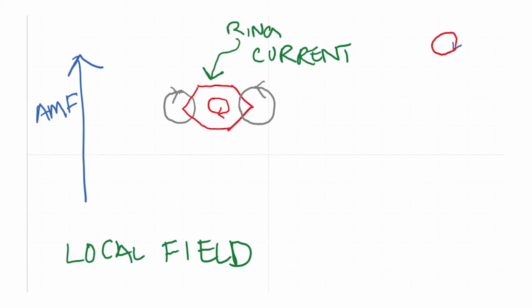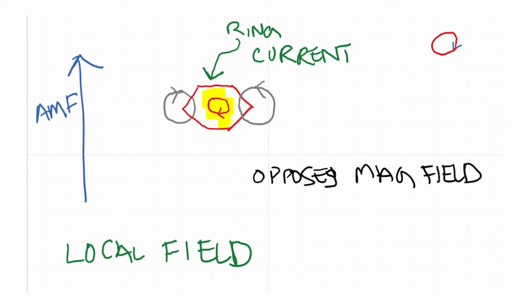One is that inside the benzene ring, that is here, it opposes the applied magnetic field. Whereas outside the benzene ring, it reinforces the applied field.